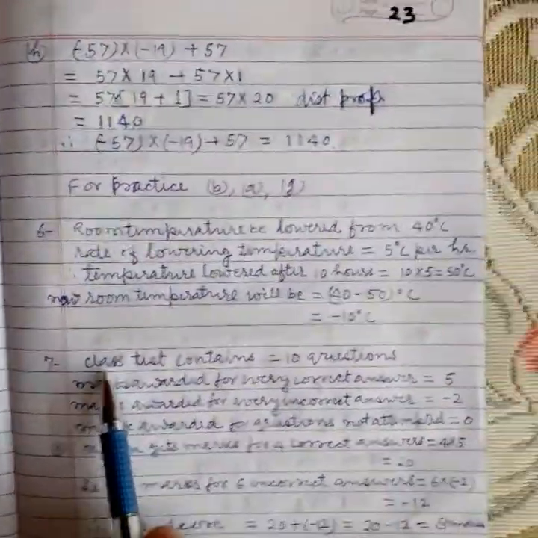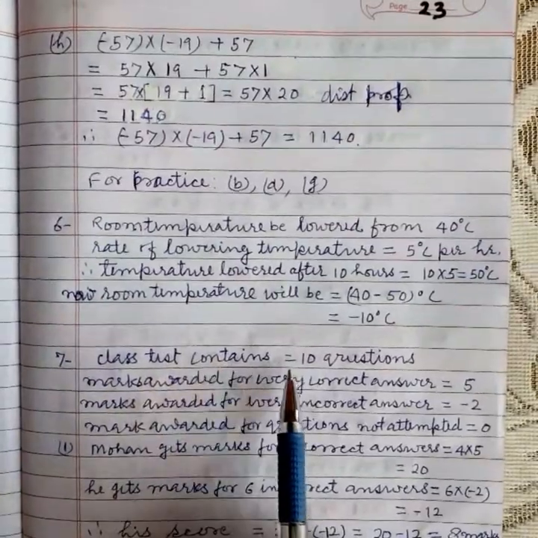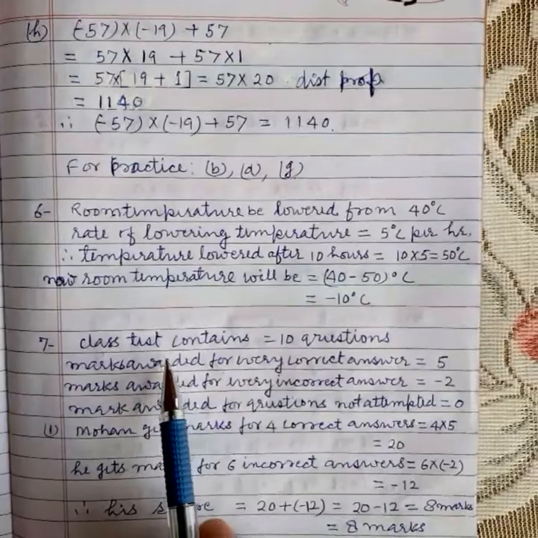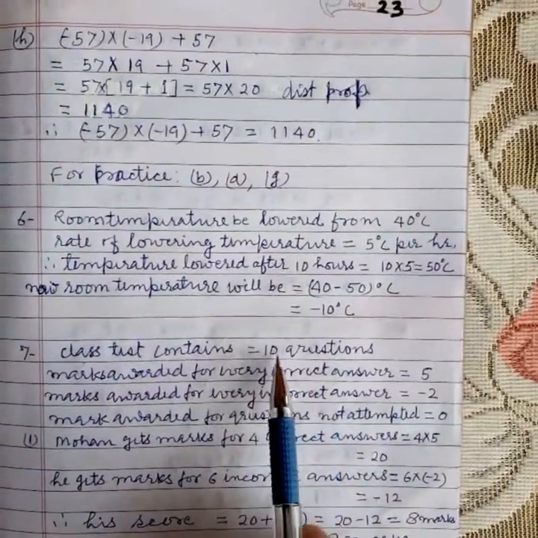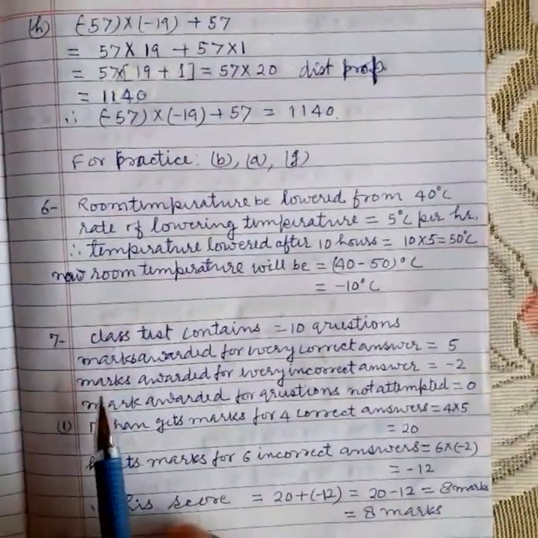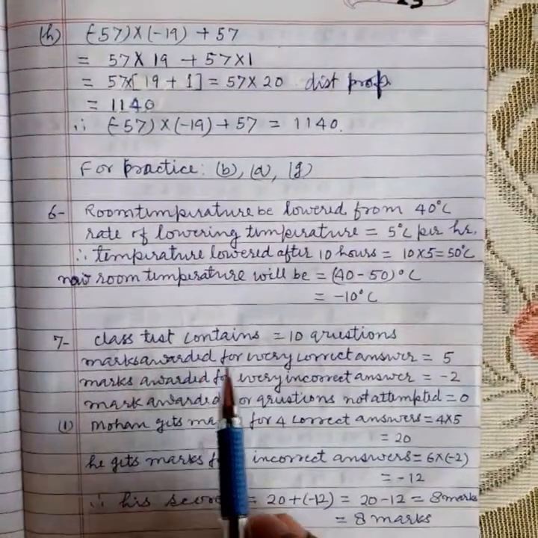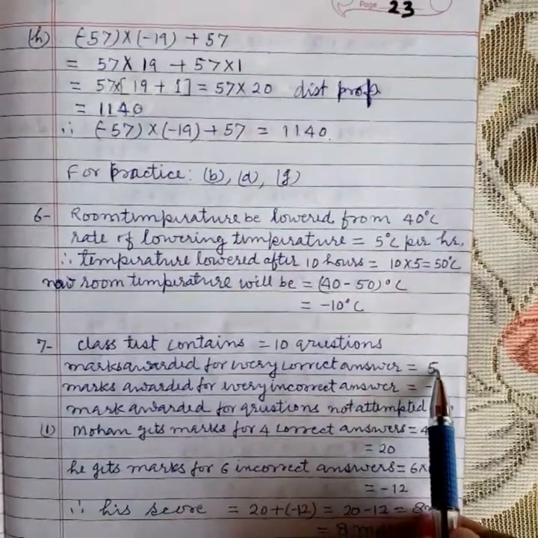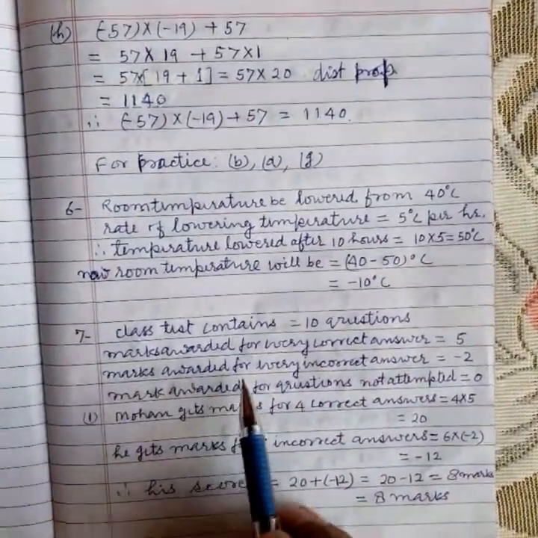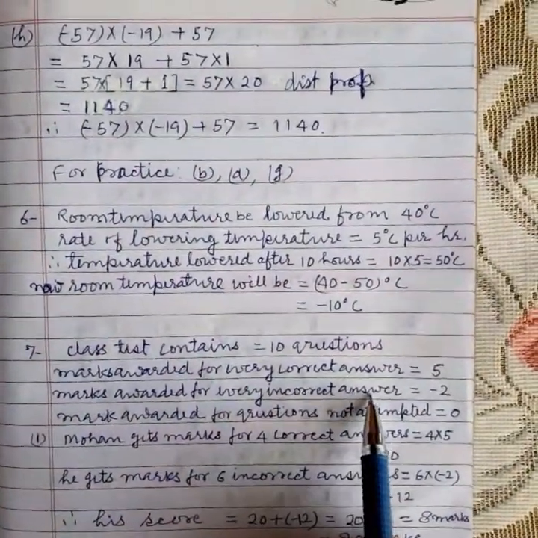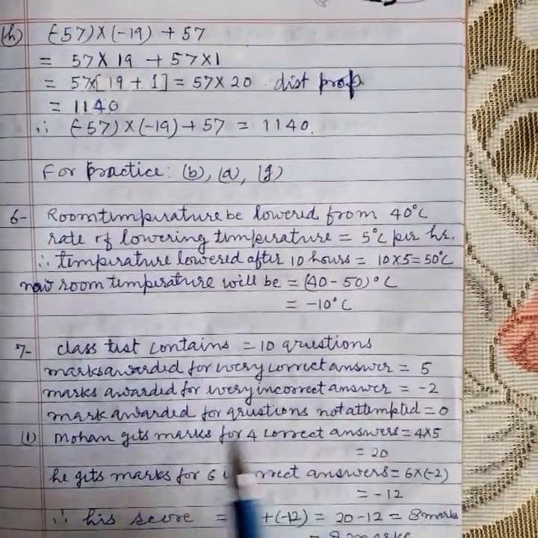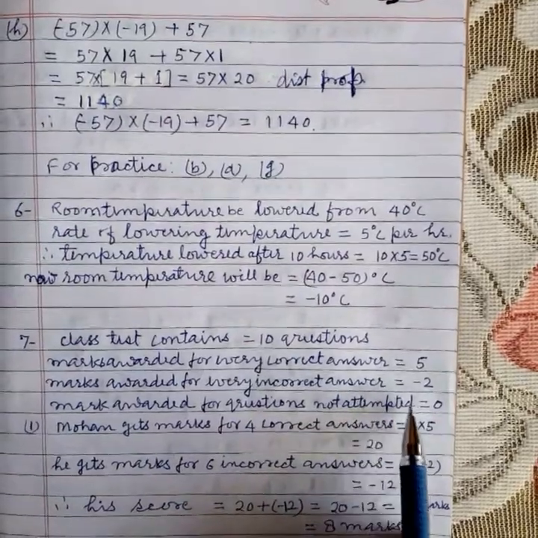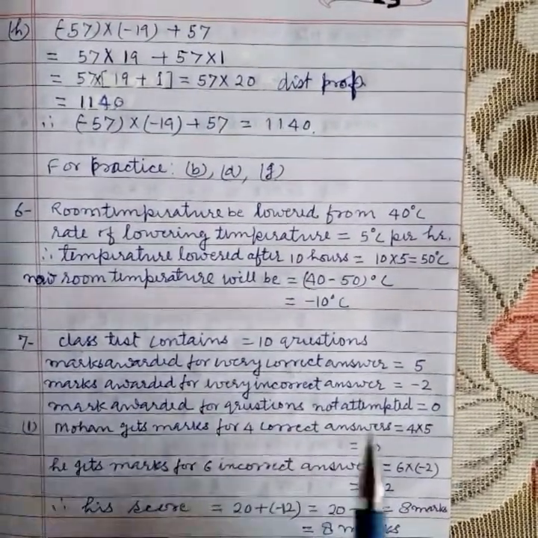Here the class test contains 10 questions. The total number of questions in that test is 10, and the marks awarded for every correct answer is equal to 5, and the marks awarded for every incorrect answer is equal to minus 2. Marks awarded for questions not attempted is equal to 0. Now the first part.